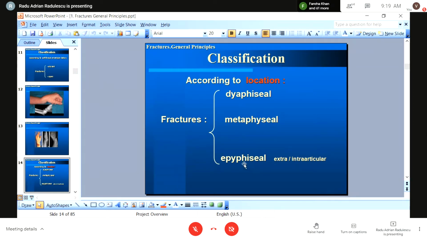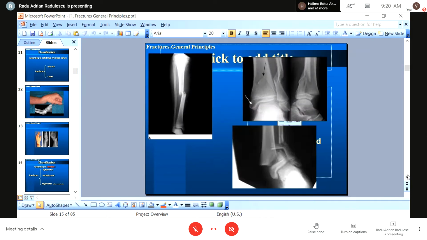So sometimes the epiphysis fracture may be intra-articular. We'll see that because this is also a criterion of classification. Here are some X-rays to explain more what I've said before.